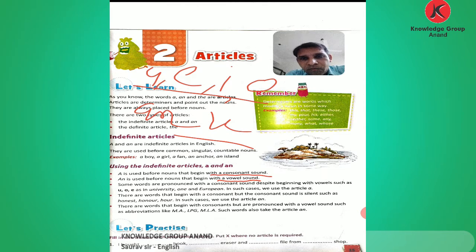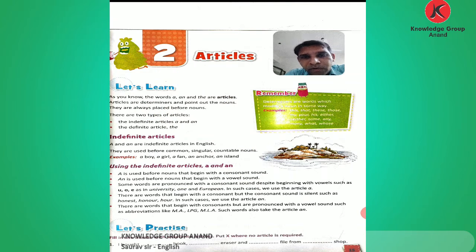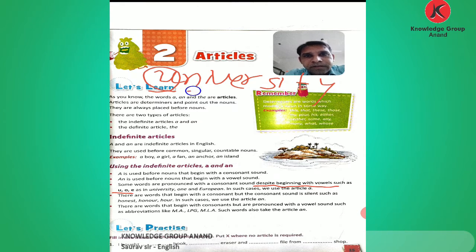Okay, let's see. Some words are pronounced with a consonant sound, despite beginning with vowels such as U, O, E. Take university: this word starts with U, but we do not pronounce it with a vowel sound. It is not pronounced like a vowel.